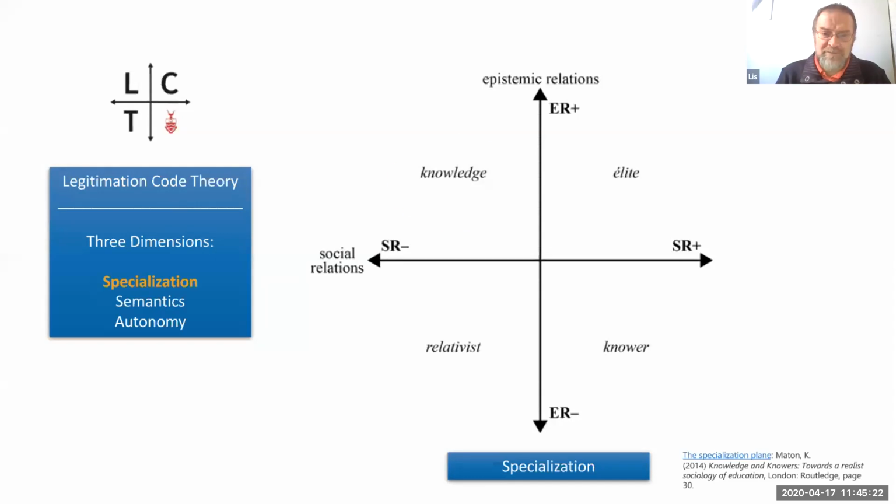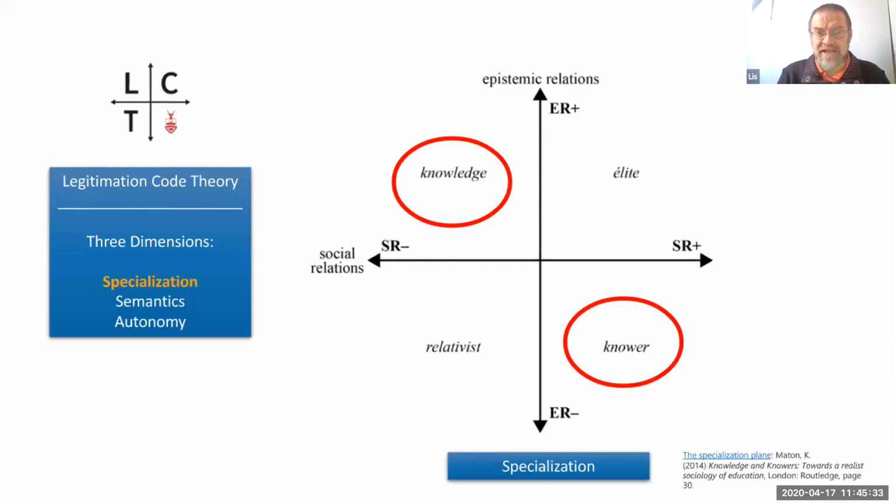So if we think about it, science, for example, is very much a knowledge code. It doesn't really matter who you are. If you have the knowledge, then you're a scientist. But literary criticism, on the other hand, the knowledge is not that important. What's far more important is your gaze, how you look at things, your approach as a knower.